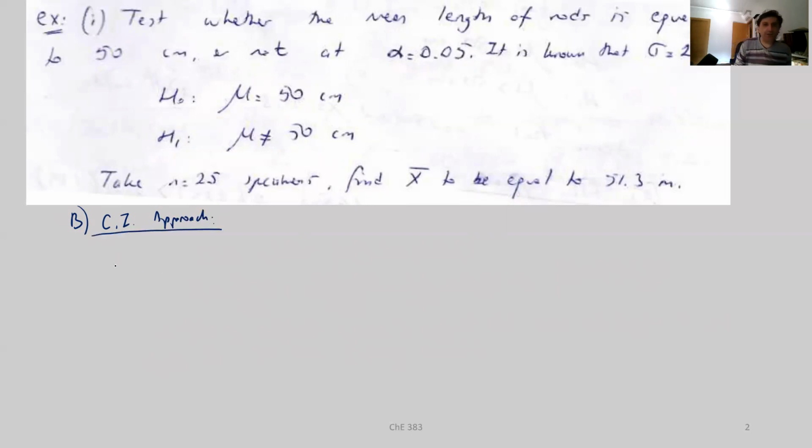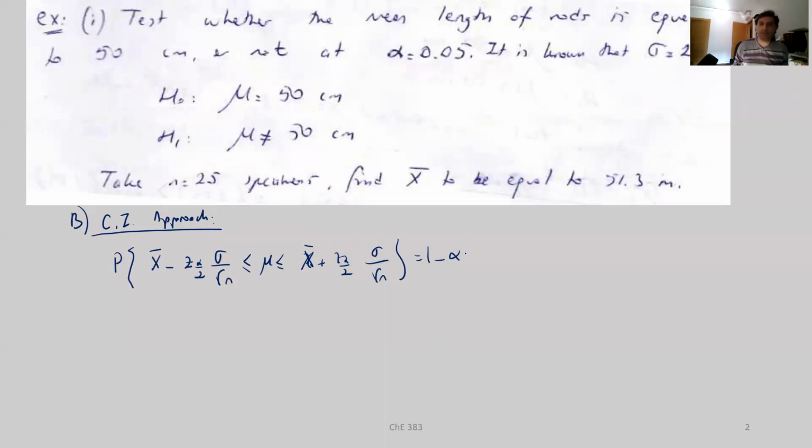So the confidence interval approach is basically to find the X bar value, then subtract and add the same margin. The probability that X bar minus Z alpha over 2 sigma over square root of n is smaller than mu, which is smaller than X bar plus Z alpha over 2 sigma over square root of n, is equal to 1 minus alpha. That is the idea.